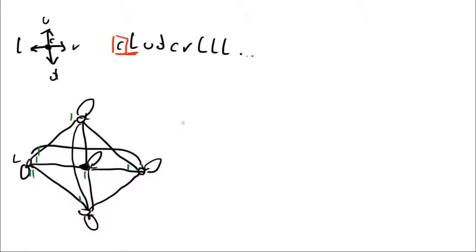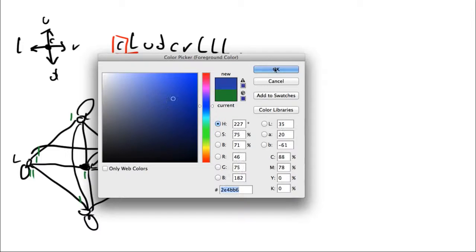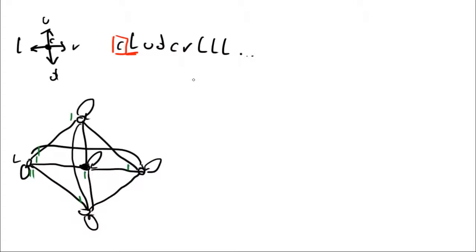But once we actually have that, we can now say, for example, let's say we are at the right node, and then we go left.